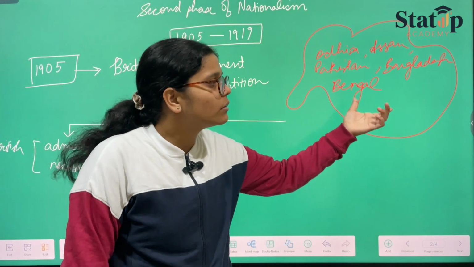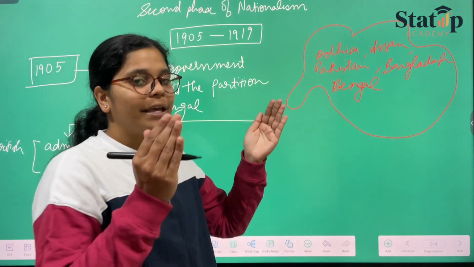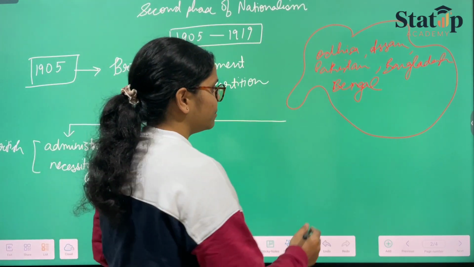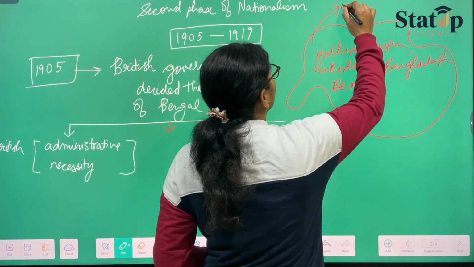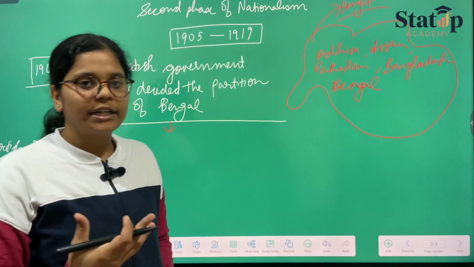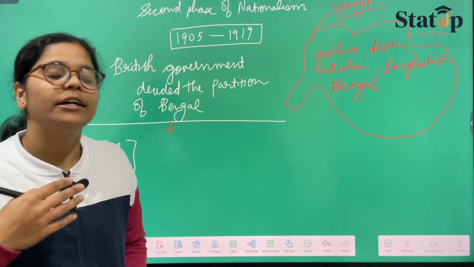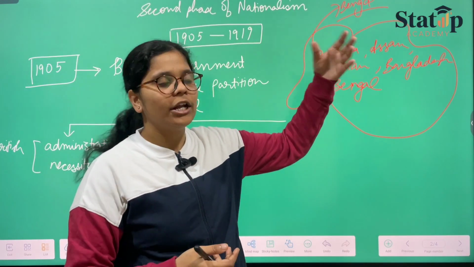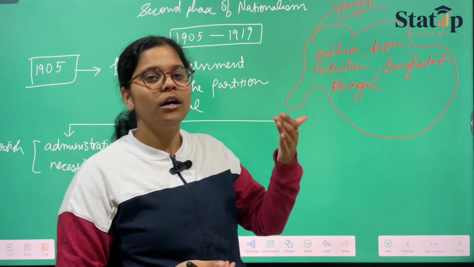Therefore, it was quite a big state, and the major phases of nationalism used to take place from this area only. That means the Bengal tigers, and other nationalist leaders, used to get up from Bengal to raise a fight against the Britishers.